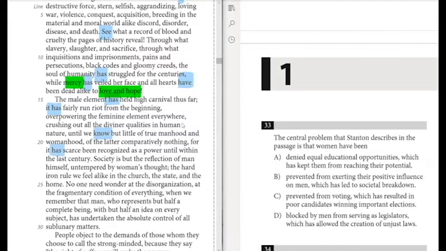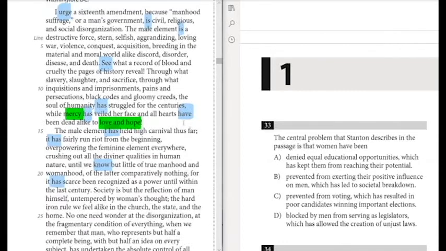So as we get into the second paragraph, "the male element has held high carnival. It has run riot from the beginning, overpowering the female element everywhere, until we know but little of true manhood and womanhood. Of the latter, comparatively nothing, for it has scarce been recognized as a power until within the last century." So what are we seeing so far?